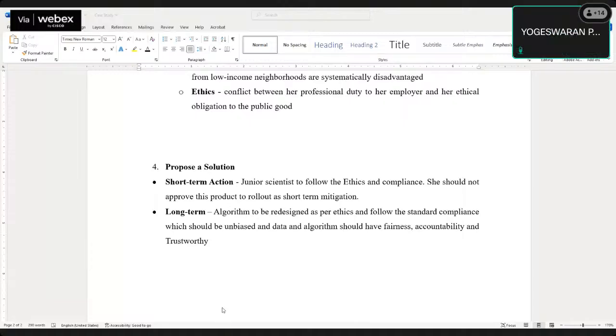If the data is biased, for example, one class of people may be the minority and the other side the majority. If I feed the minority alone, the algorithm may work well and produce fair results, but everything depends on the data we feed. So it should be balanced. Maybe a smart algorithm or synthetic data can be fed if we don't have sufficient data to balance.